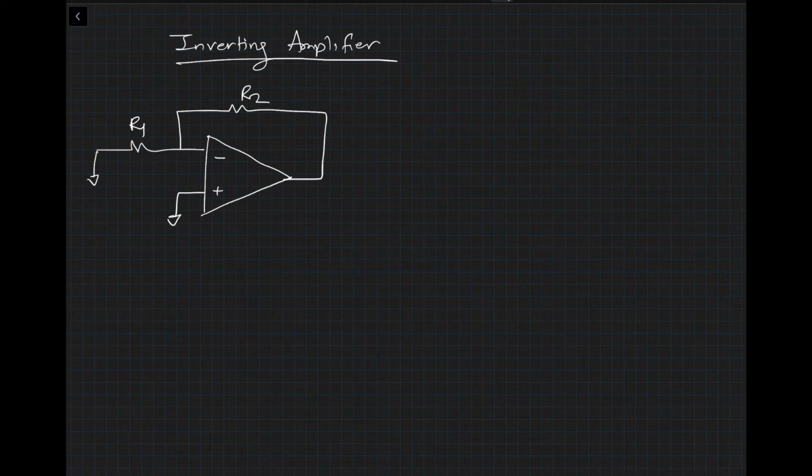And we already know from the previous lectures that the gain, V out divided by V in, is equal to minus R2 divided by R1.